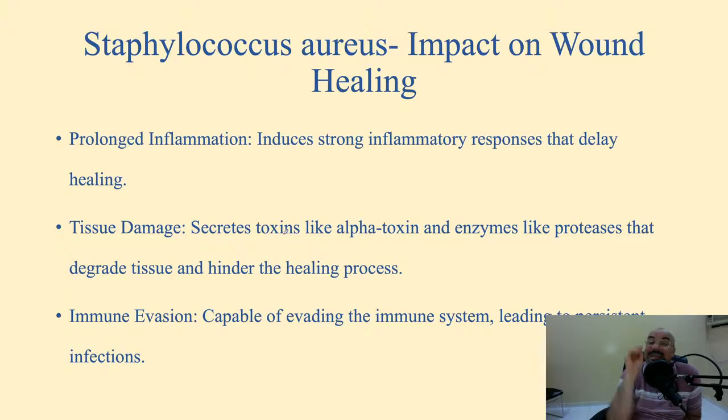But when it has appeared in the wound, it will lead to prolonged inflammation and a higher rate of tissue damage, because Staphylococcus aureus has alpha toxin and enzymes that can destroy tissue like this. Also, Staphylococcus aureus is very tough on the immune responses.